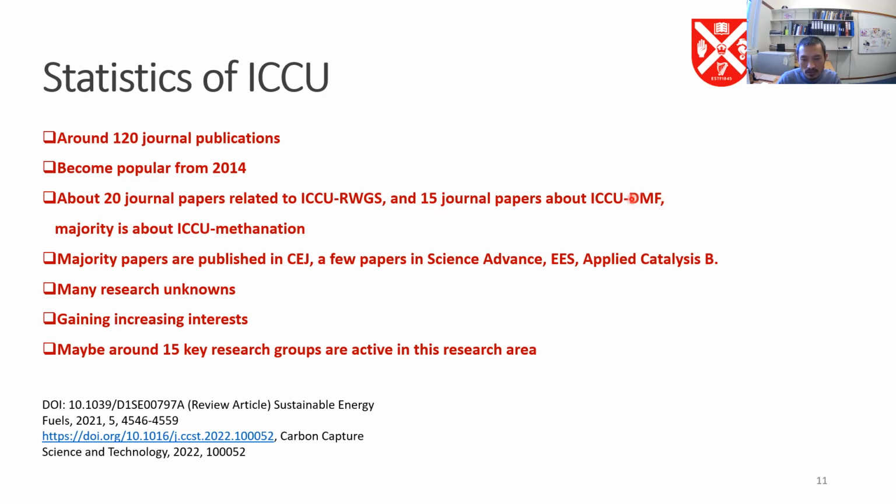That means introducing methane to produce syngas. Also, the ICCU about methanation, so introduce hydrogen to produce methane. Some papers were published in Applied Catalysis B, Science Advances, and also a few published in CEJ. So many research unknowns, and also it's gaining increasing interest. We estimate that maybe 15 key research groups in the world are active in this area.